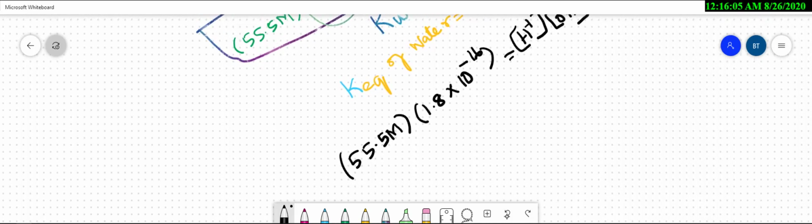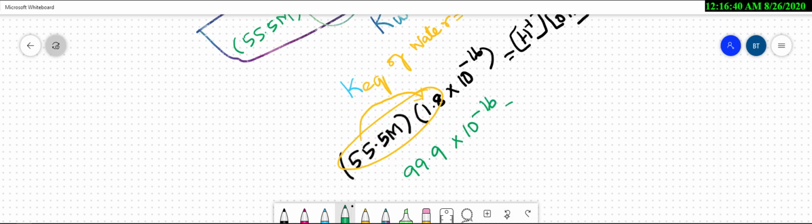Now we will just multiply this 55.5 with this 1.8. What will be the value? Roughly we can take it as 50 into 2, but accurately this value would be 99.9. So 55.5 into 1.8 is 99.9 into 10 to the power of minus 16, equal to [H+][OH-].